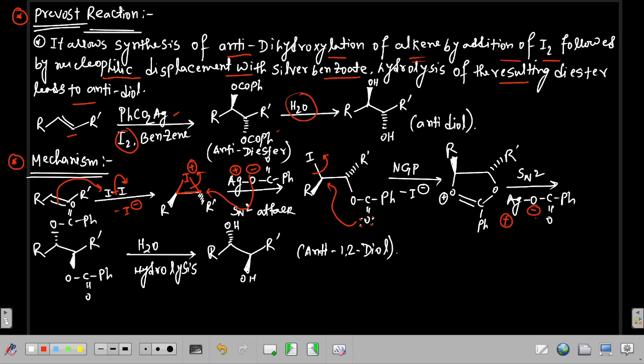So it will attack by the SN2 pathway, from the opposite side, so that this bond will break, and it will form an anti-diester type of intermediate.